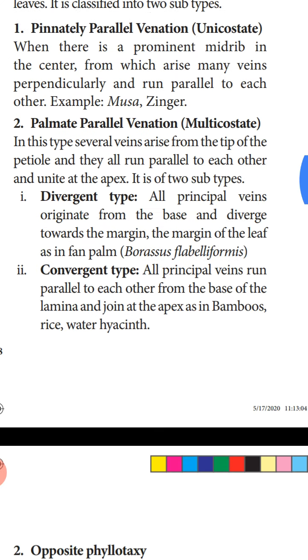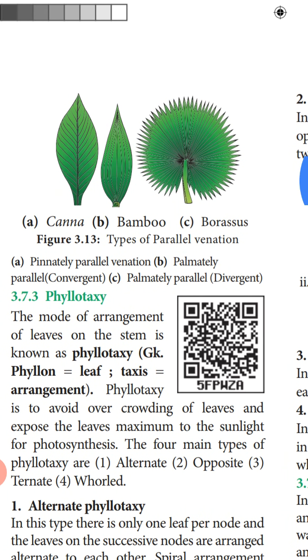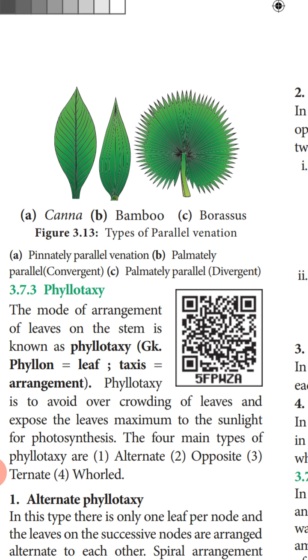So here you can see in this diagram, figure 3.13, in the C diagram you can see the petiole where it joins with the leaf lamina. From that point numerous veins are arising and they are running parallel to each other. Okay, then it is called the divergent type.